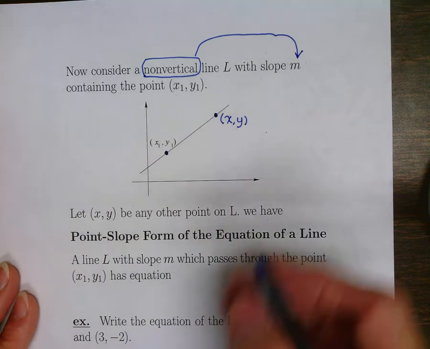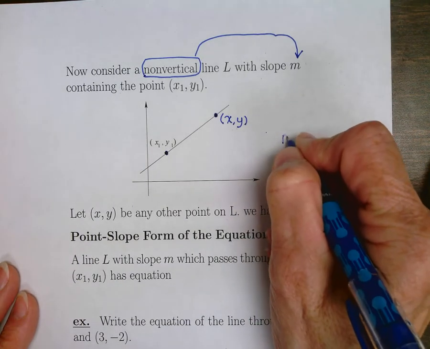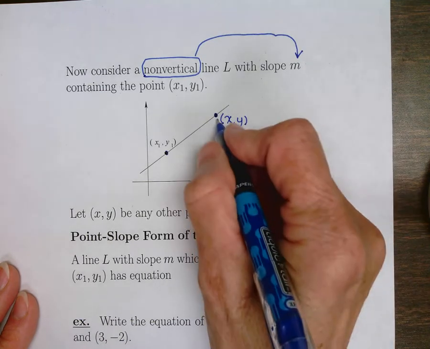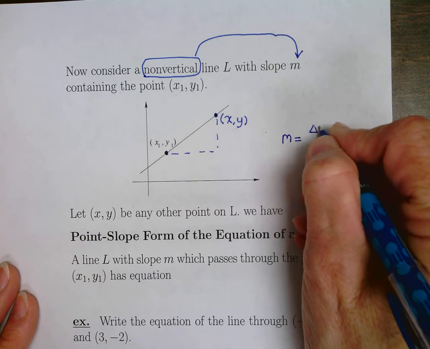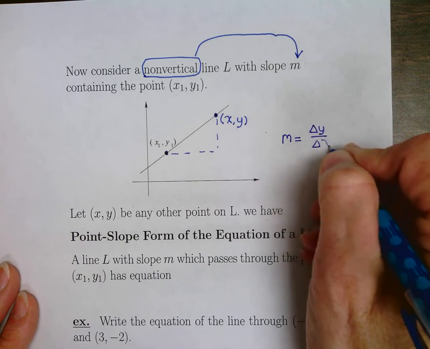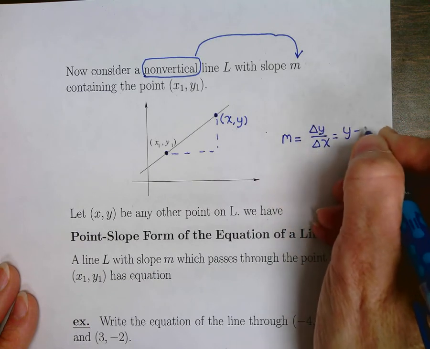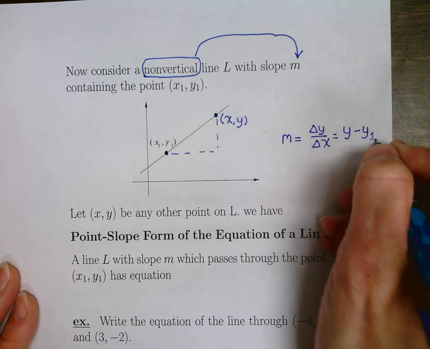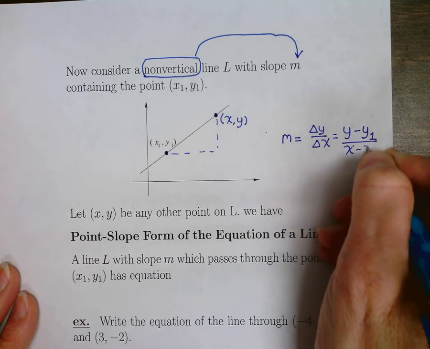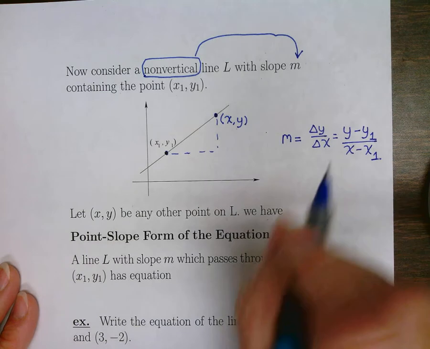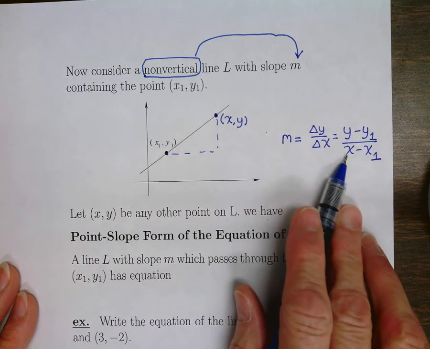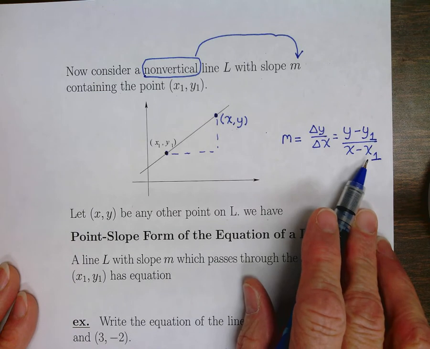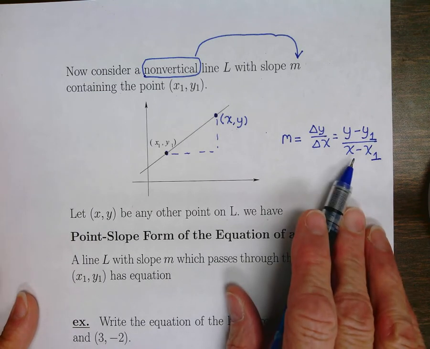And what do we know? We know that the slope between those 2 points is the change in y over change in x. In this case, it's (y minus y1) over (x minus x1). And since the line is non-vertical, we know there's going to be a non-zero change in x. And so that's perfectly valid.